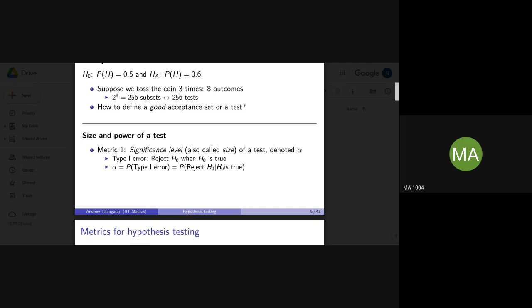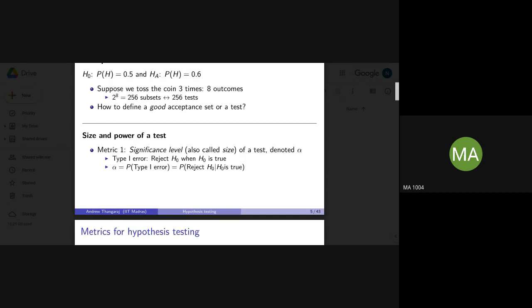So what is the probability of making that error? Because by doing so you are making an error, right? H naught was true, but still you are rejecting it. So that is alpha, and you want to bring this alpha as low as possible.